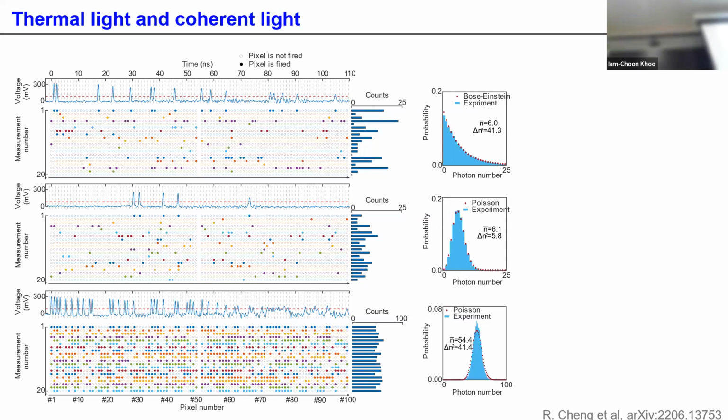Here is your histogram, where you make an average. You can see that the photon number distribution in that optical mode very nicely matches the Bose-Einstein distribution. That's just a signature of thermal light. However, if you now turn to coherent light, which is basically attenuated laser, set at the same average photon number of about 6, you see the fluctuation of photon number is much reduced.